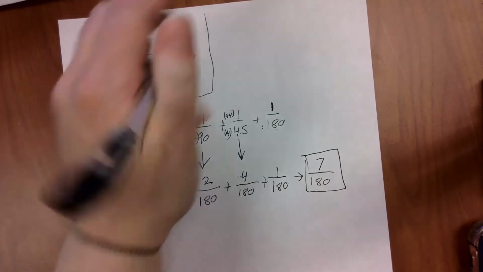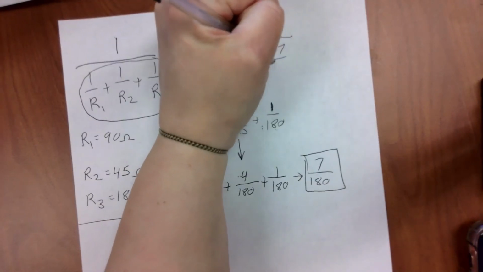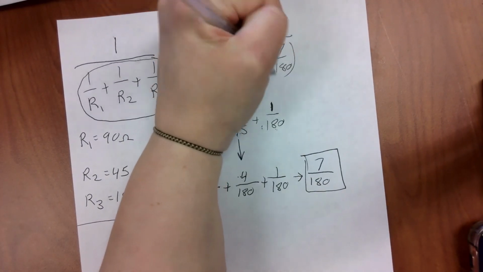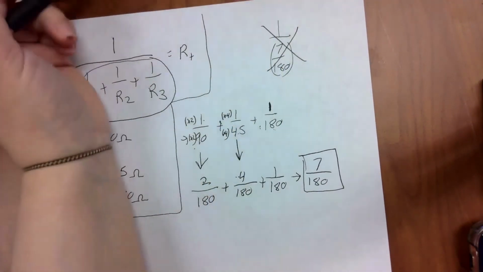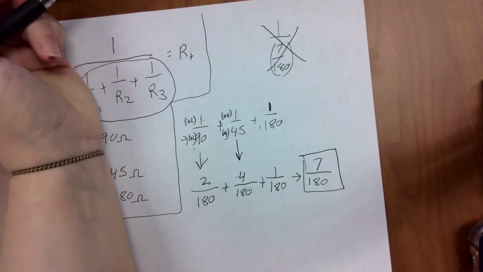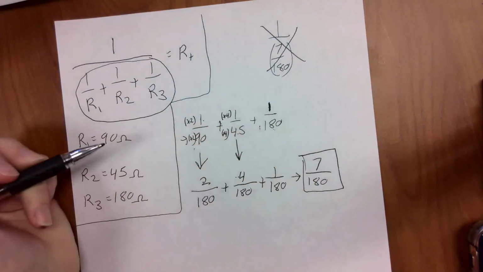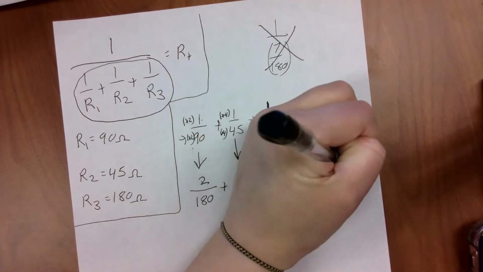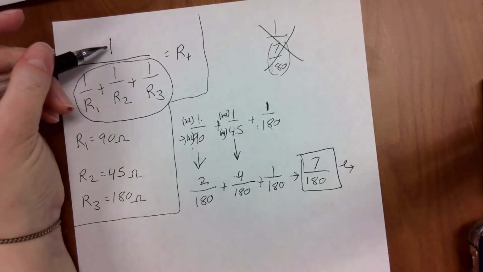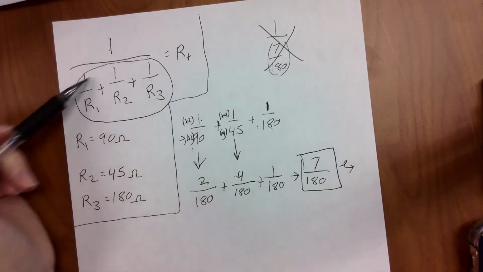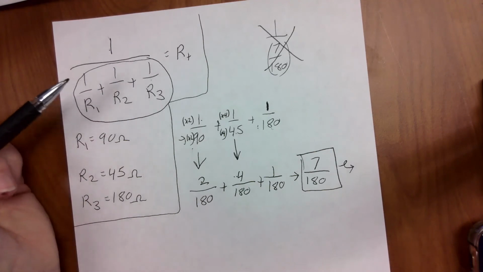But this 1 over 7 over 180 might be confusing to some people. I don't like looking at that. That's gross. What you do with this instead is you flip it upside down. That's basically what this means, you flip the fraction you get here on its head.